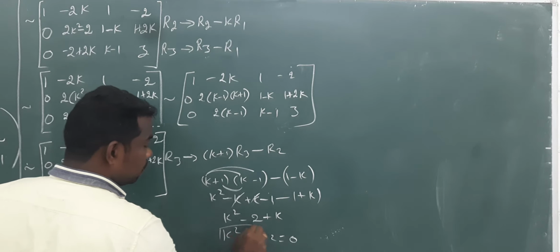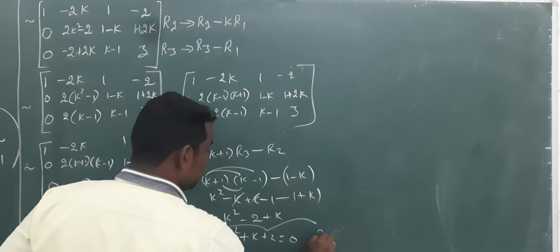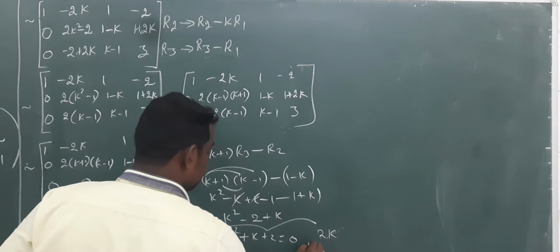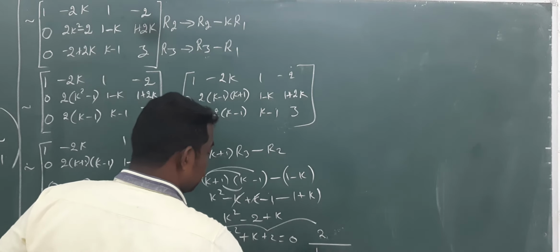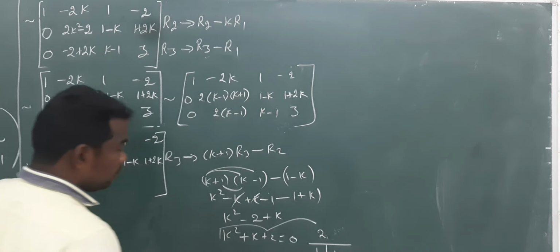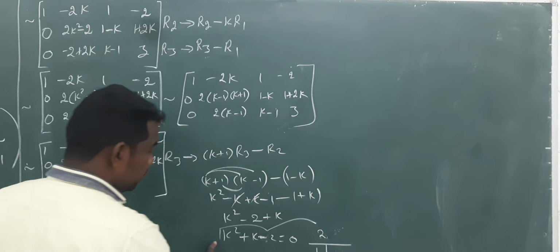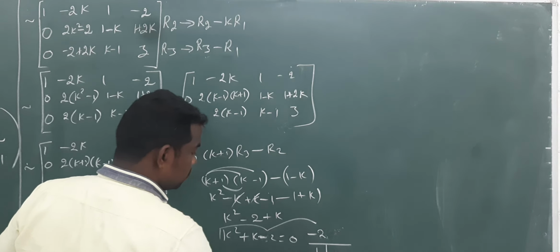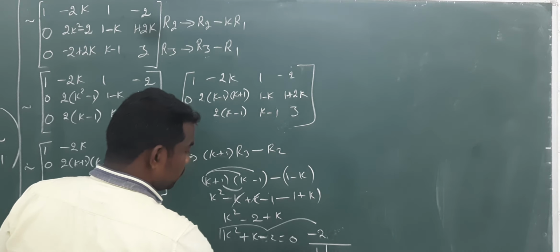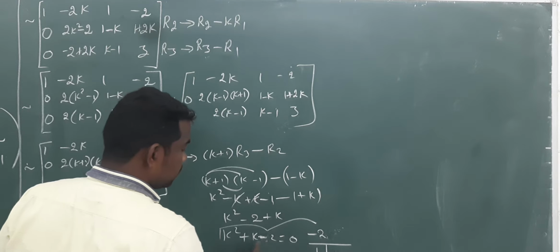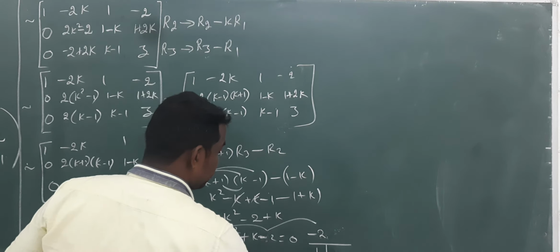If you do the multiplication, there is 2k by 2 by 1 plus 1. So it will become, by using the factoring method, that is 1 into minus 2. So 1 and 2, if you add, you will get minus 1 plus 1. So I denote minus 1.